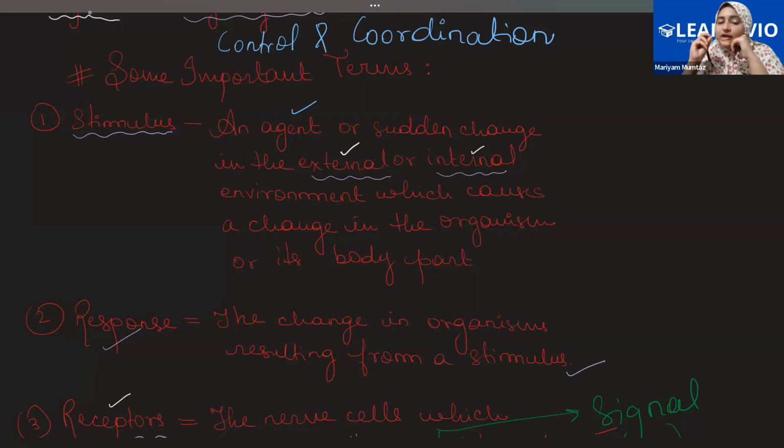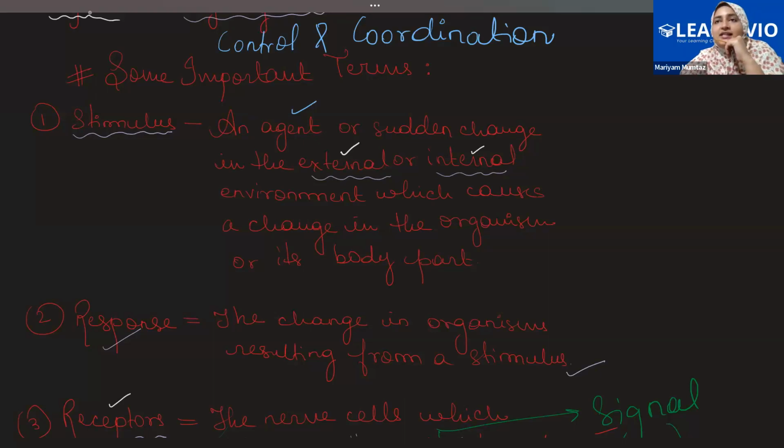So talking about the stimulus, it is the agent or a sudden change which can happen internally or externally. And because of this agent, the way the organism's body reacts changes. So this is what a stimulus is.